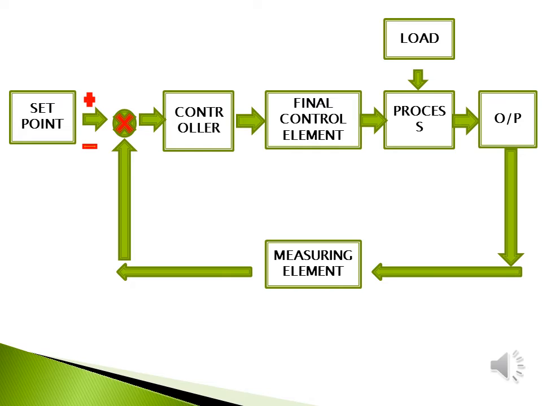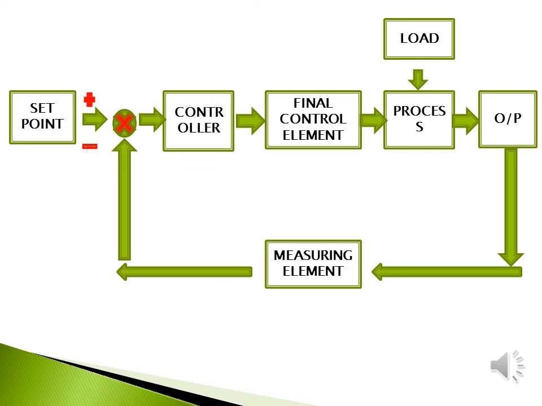As the name itself says, it is comparison. The comparator will compare two values. What are they? First one is the set point value and second one is the measured value. The difference between the set point value and the measured value is called error.